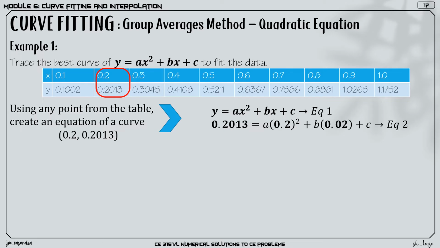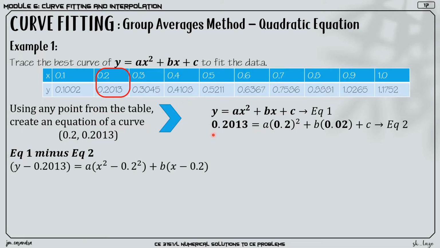So we have now two equations. We take the difference of equation 1 and equation 2. We'll have y minus 0.2013 equals a times x squared minus 0.2 squared plus b times x minus 0.2.